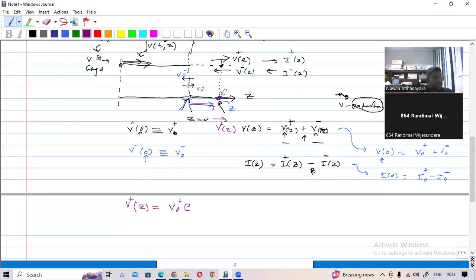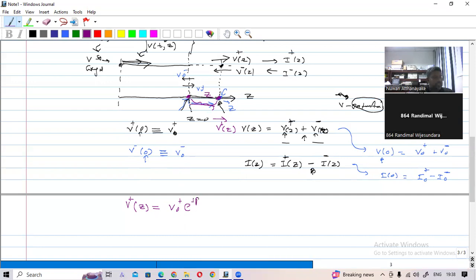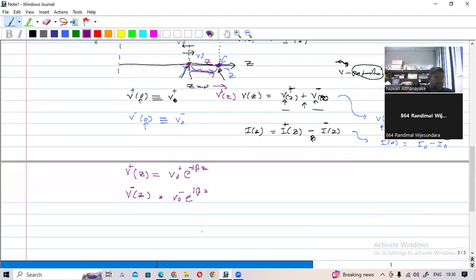From here to this point the distance is Z. So it will be e to the power minus J beta Z. And the reflected voltage is V naught minus e to the power plus J beta Z.